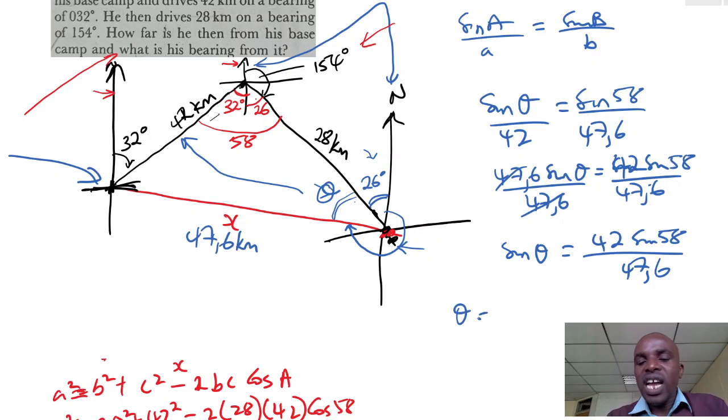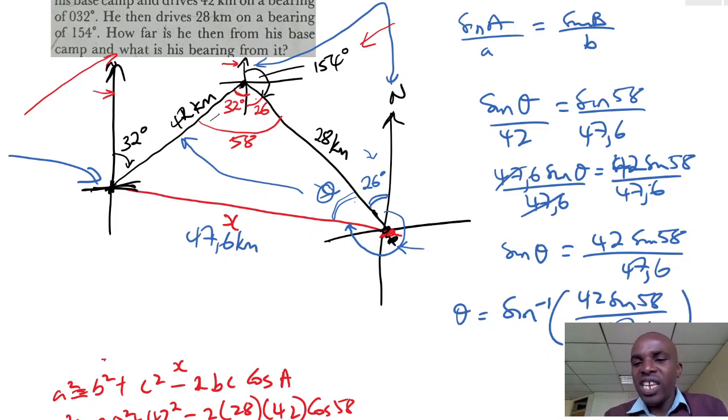Then to find our theta, I can say arc sine of 42 sine 58 over 47.6. Then I can just punch everything in my calculator. So my theta will be: press second function and press sine, then 42 sine 58, just press exactly as it is there, over 47.6.